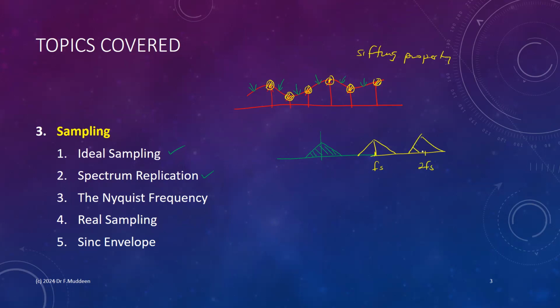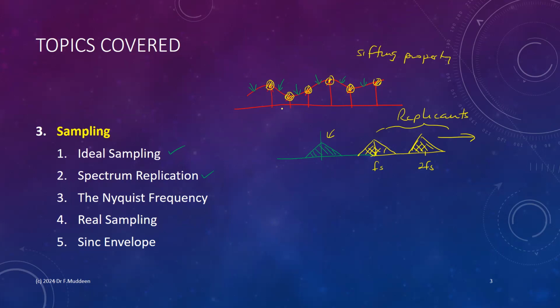Oops, kind of drawn bad, but anyway, right? So when you sample it, you had the original signal, but you had these things going on, and we call these replicants.